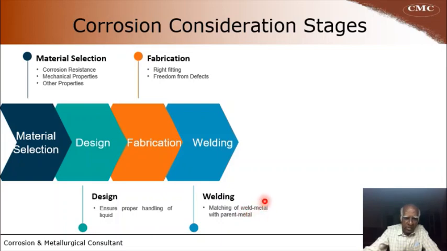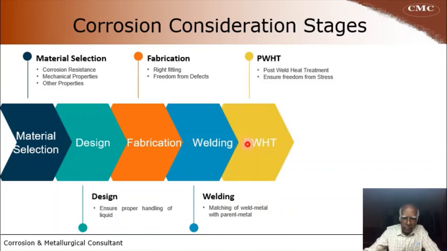Otherwise, galvanic corrosion will result. Next stage is PWHT, that means post-weld heat treatment. The purpose of post-weld heat treatment is to ensure freedom from stresses which occur due to fabrication and welding.